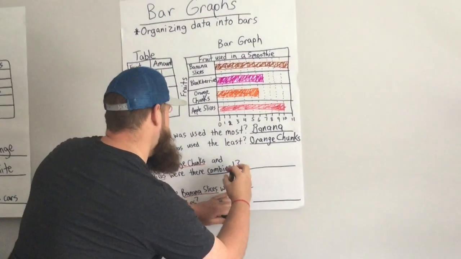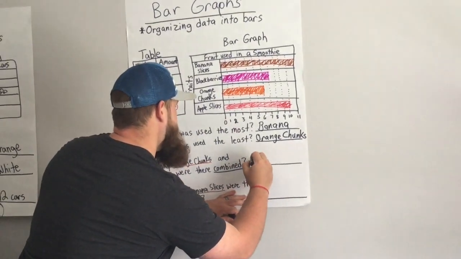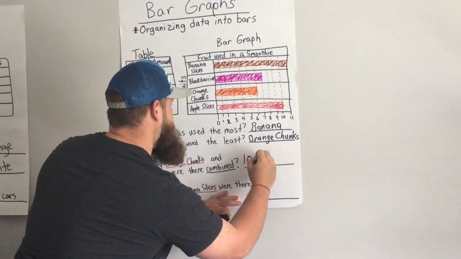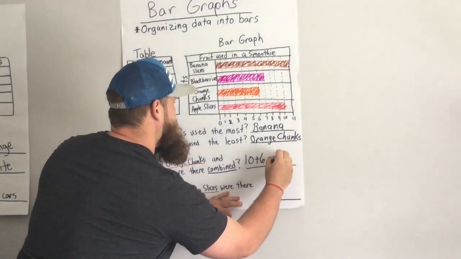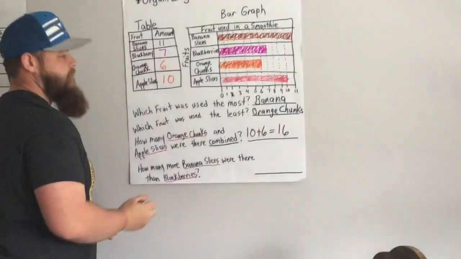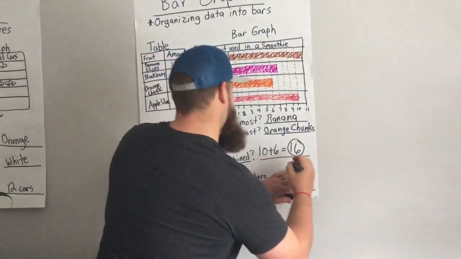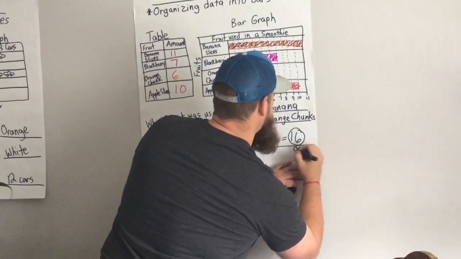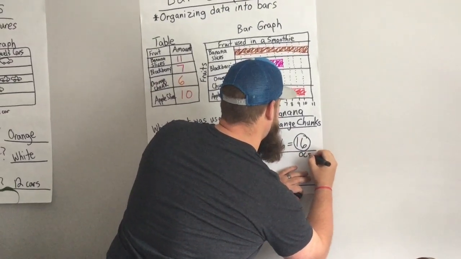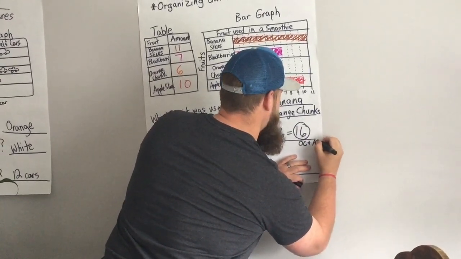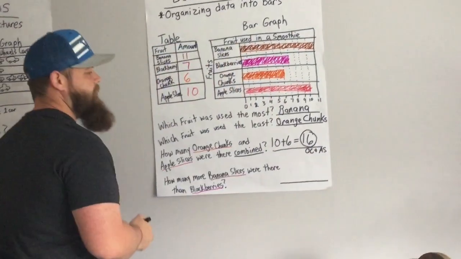I can do that kind of off here in the white space, or I can put that right on the line. 10 plus 6 equals 16. Okay, so my answer here is 16, and my label would be, I'll just put an abbreviation, OC for orange chunks, and AS for apple slices. Okay, there's my label.